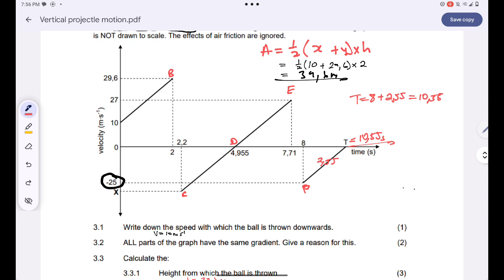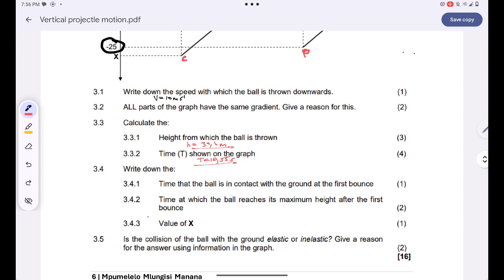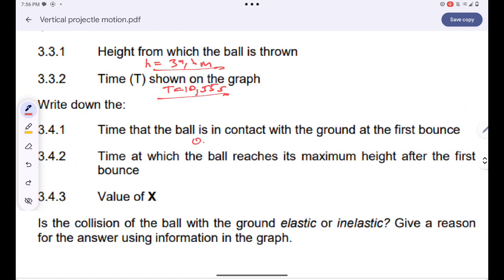They want us to find the difference between these two given times. So the ball will be in contact with the ground for 2.2 minus 2. That's actually 0.2 seconds.